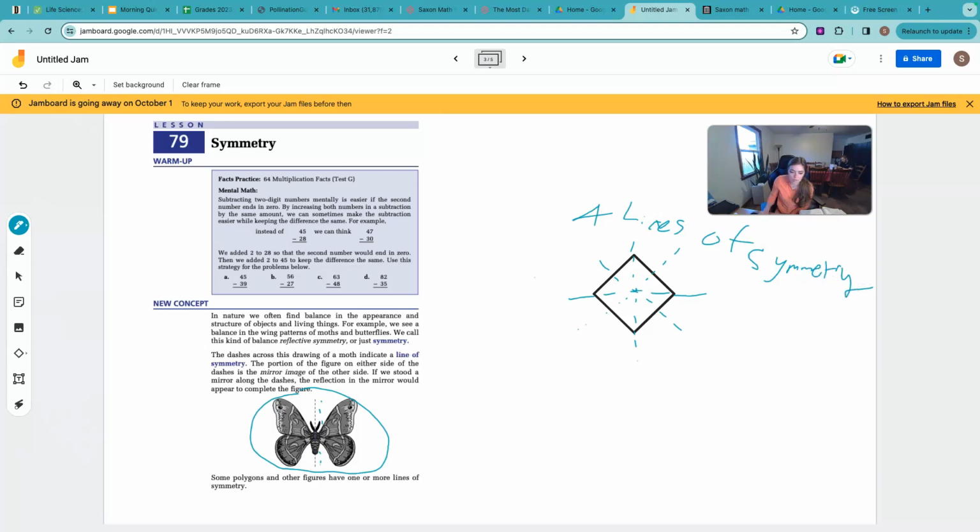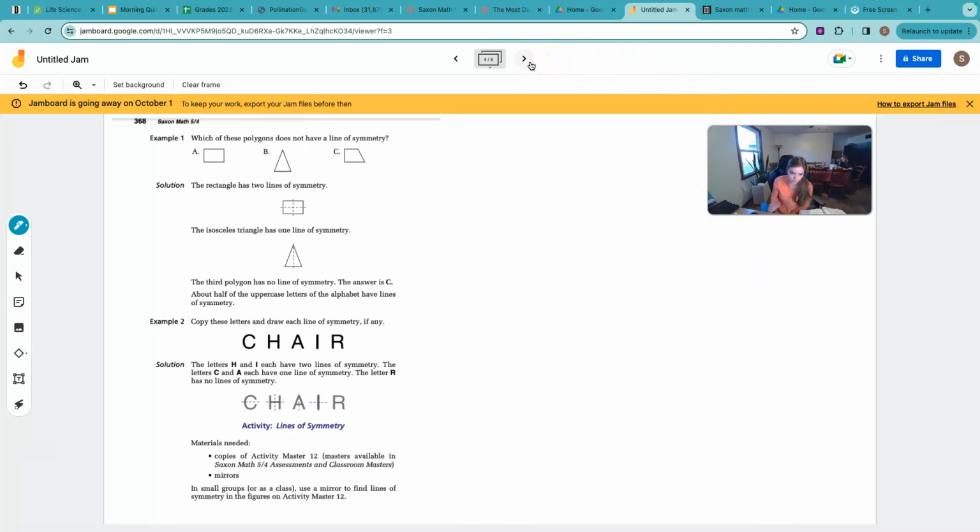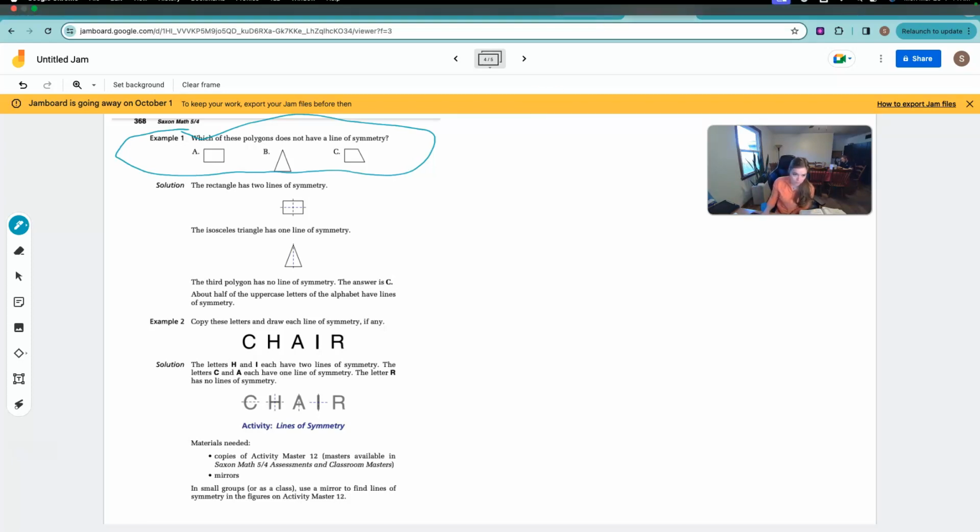Alright, let's take a look at some other examples here. Example 1 says, which of these polygons does not have a line of symmetry? There are shapes that don't have any. You can have a shape with 0, and there are some shapes that have tons of lines of symmetry.